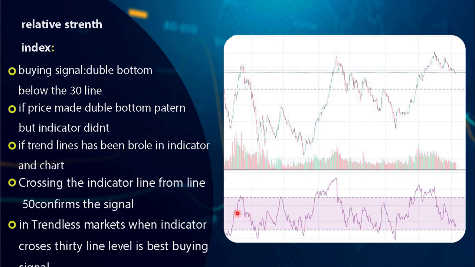For example, we have here a weak selling signal, and when the indicator line crosses the 50 line, it confirms this weak selling signal.